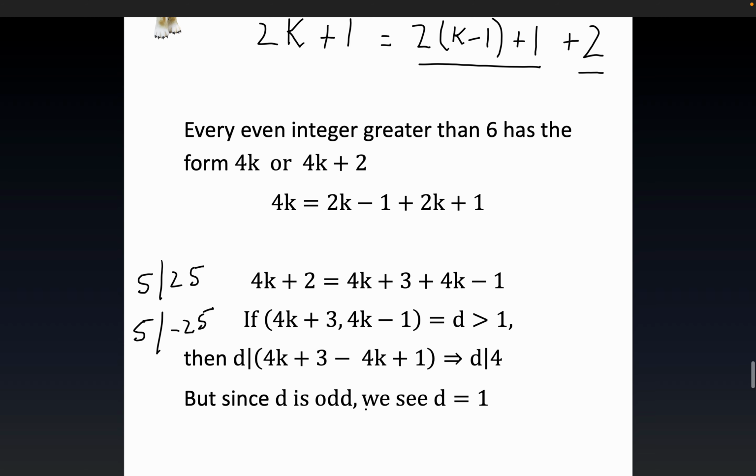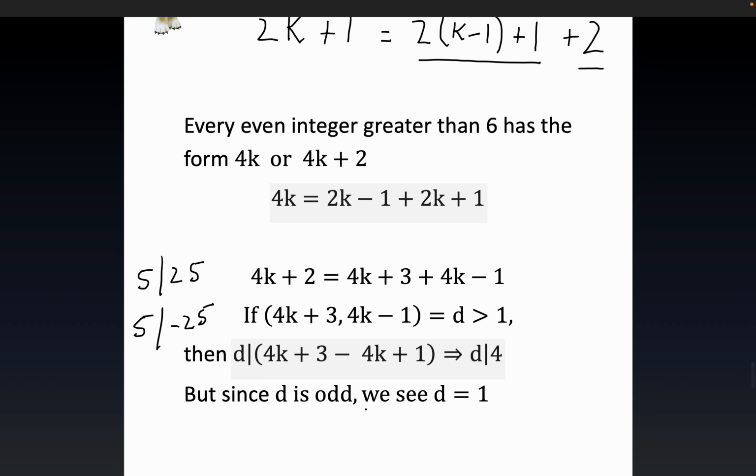Okay, so we're done because in the 4k case we got consecutive odd integers which are relatively prime. Okay, in other words, I'll write this, 2k minus 1, 2k plus 1 are definitely relatively prime. I'm not going to try to prove that.